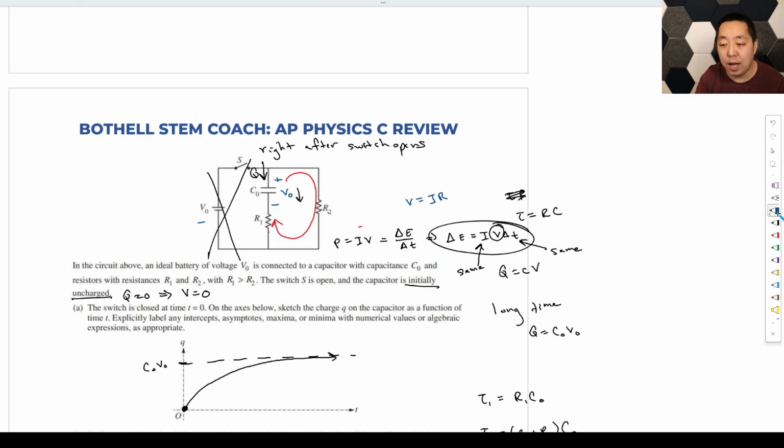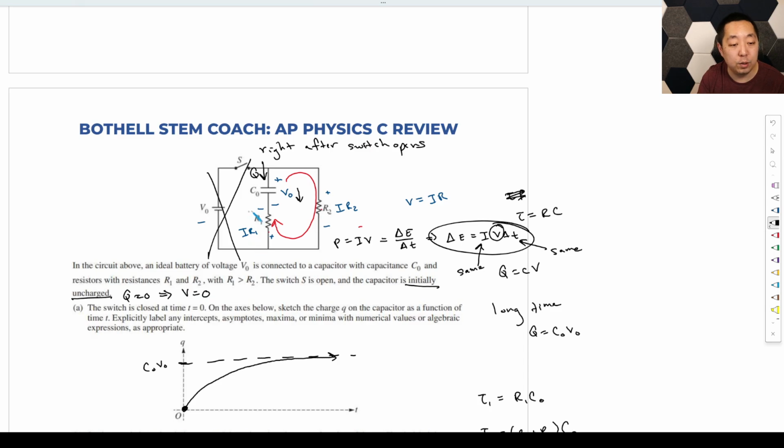So you want to think about how those voltage drops compare, right? The voltage drop on this guy is going to be I times R2, and this guy's voltage drop is going to be I times R1. Now, how do those voltage drops compare?